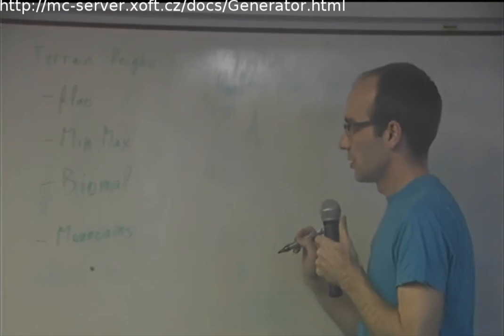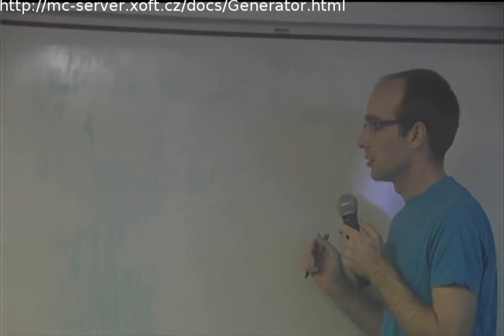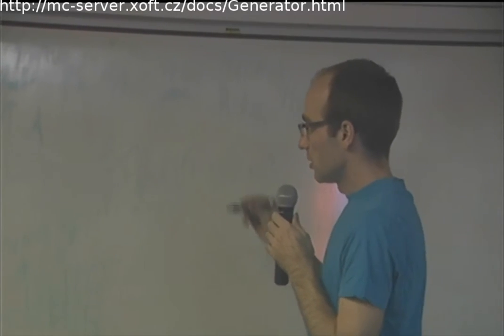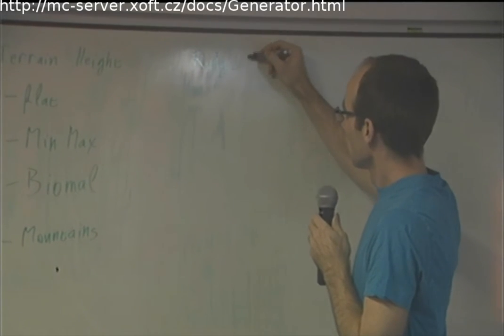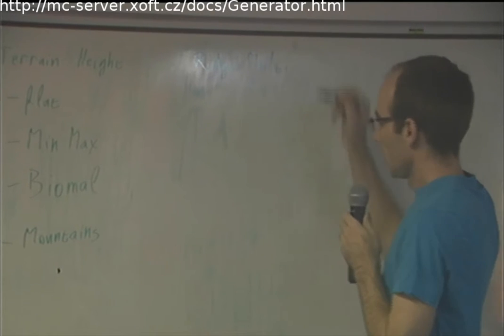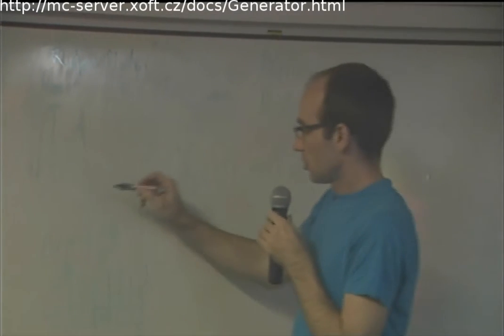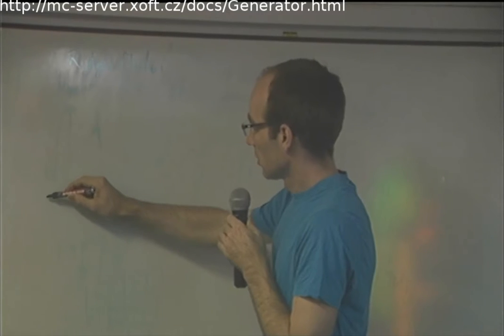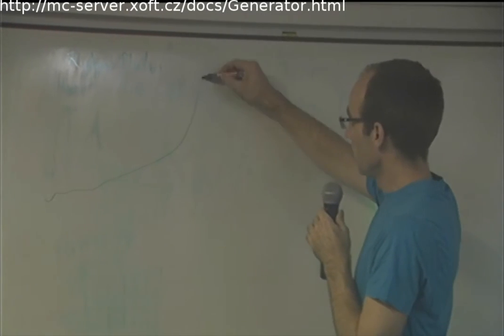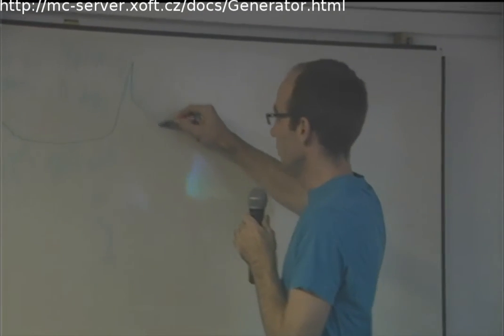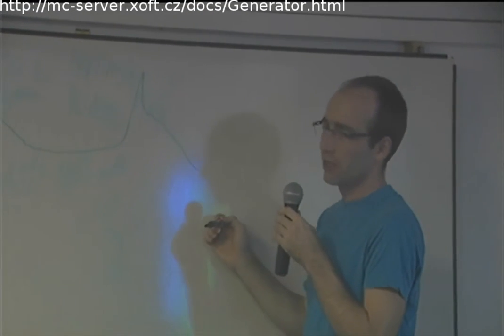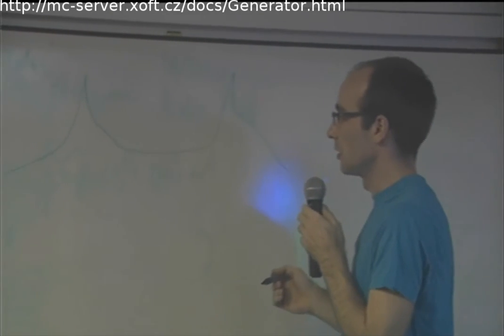There's a mountains generator that doesn't use biome information at all. It generates mountains everywhere, but what it does is it uses the ridged multi-noise, which generally looks like some easy slope, then up and back down, slope and up and down. That's what ridge multi looks like in Terran Height.